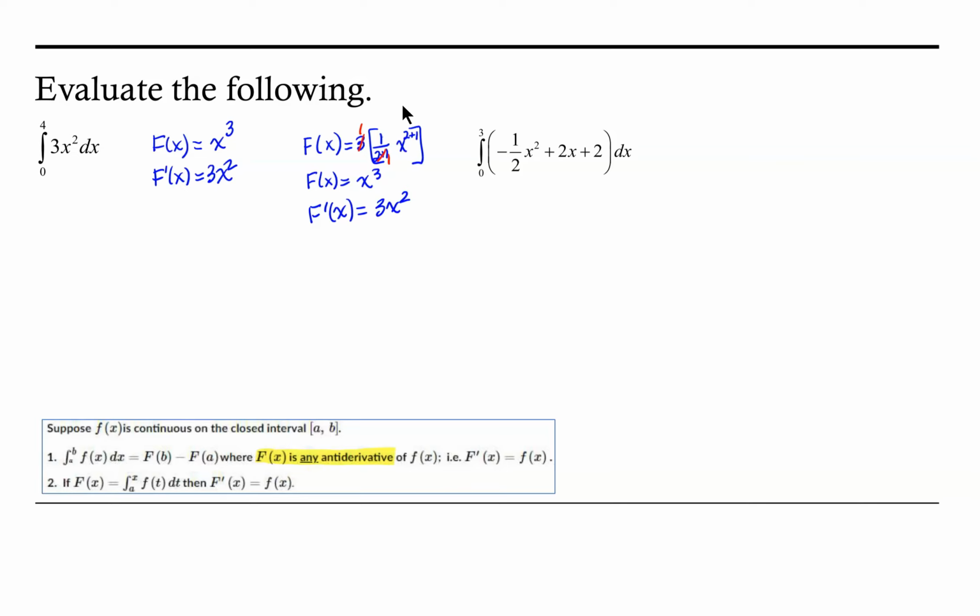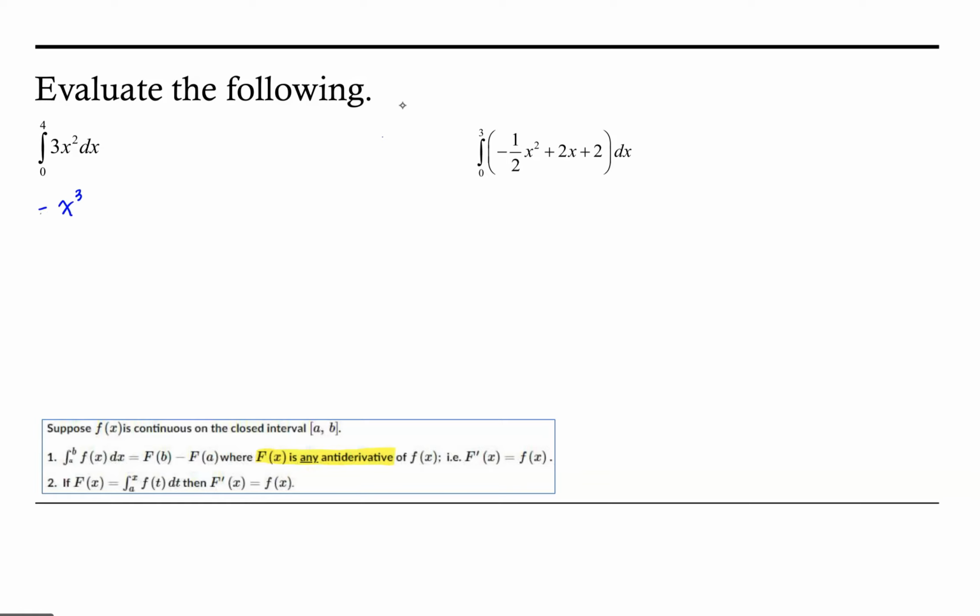So with that in mind, and knowing that our antiderivative is x cubed, we need to evaluate that between x equals 0 and x equals 4.